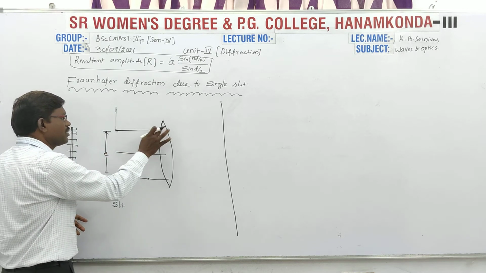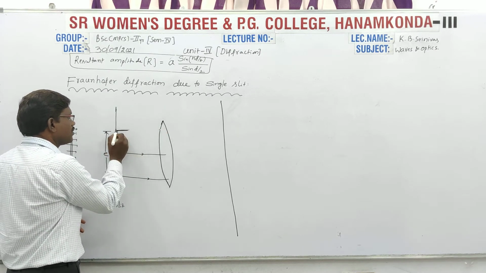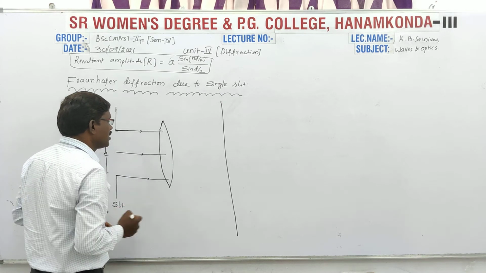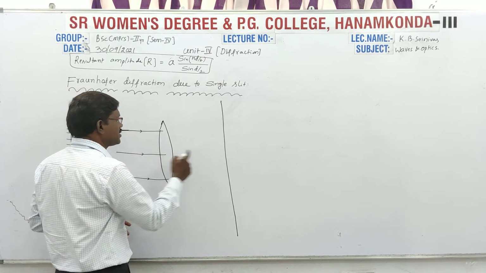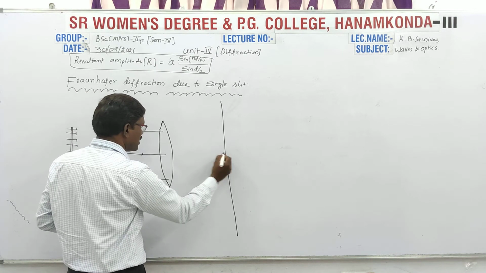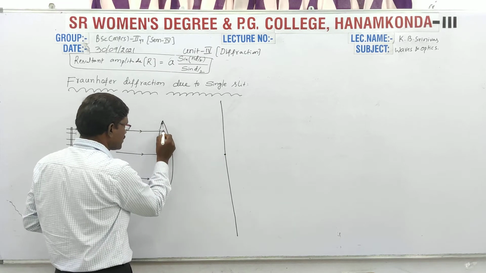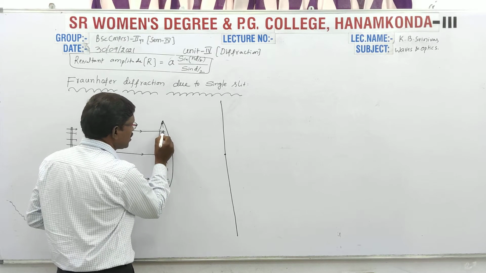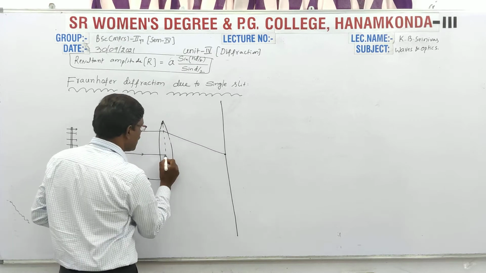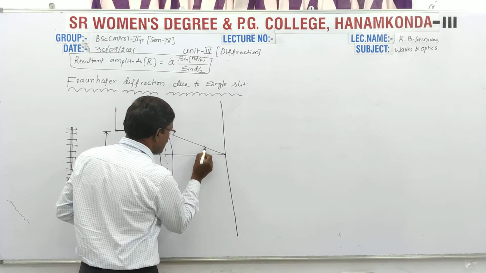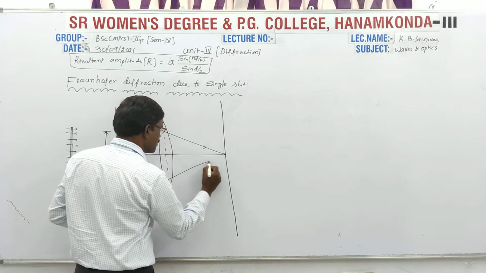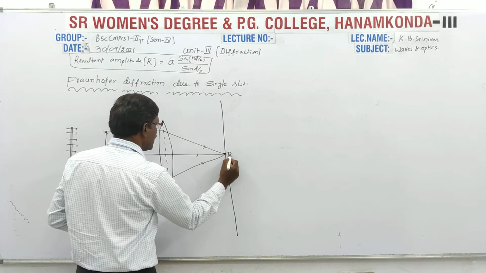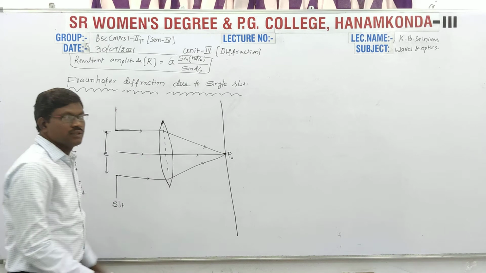The rays which are traveling parallel will not be deviated, and these rays will be focused by this convex lens at the center of the screen. So all incident rays form the image at this point. Let the center point be represented by P naught.